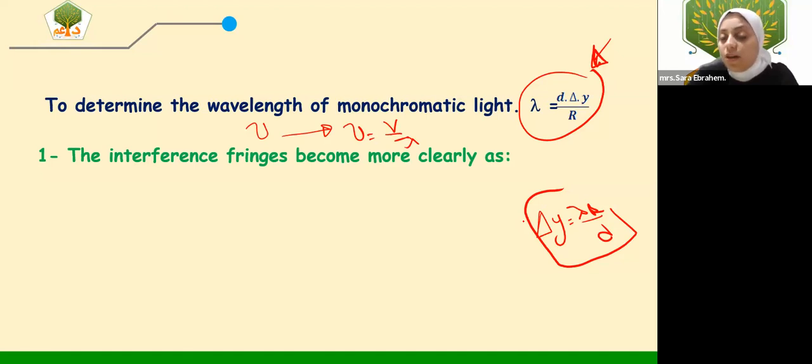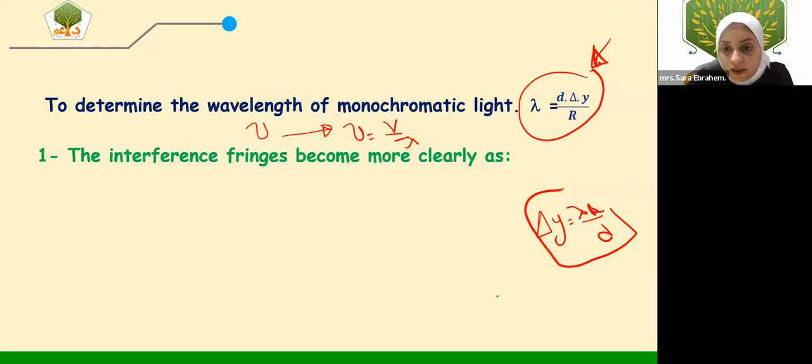When? Look, delta Y is directly proportional to wavelength and to the distance between the screen and the double slit, and inversely proportional to the distance between the two slits.